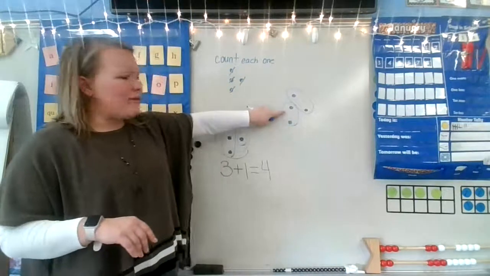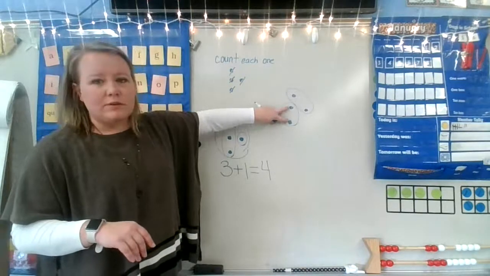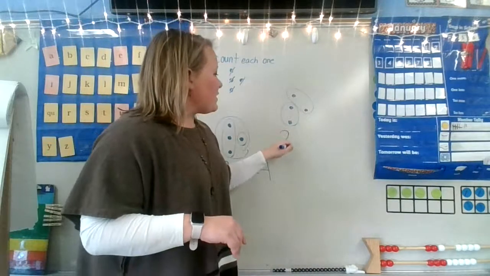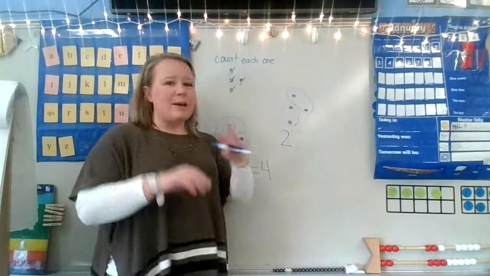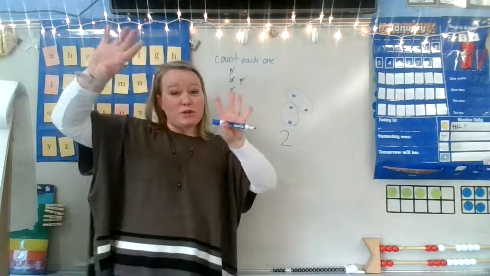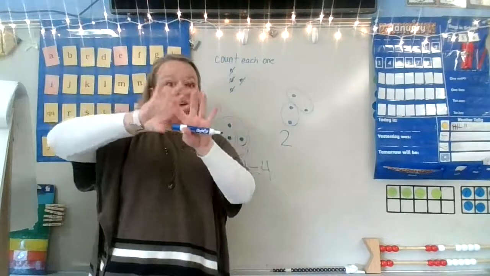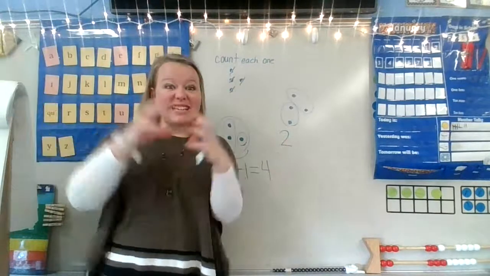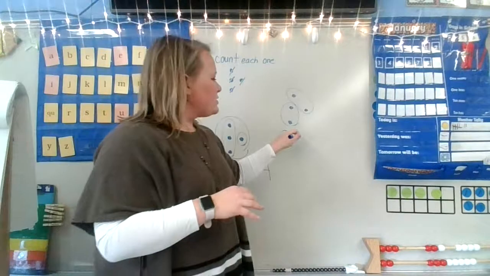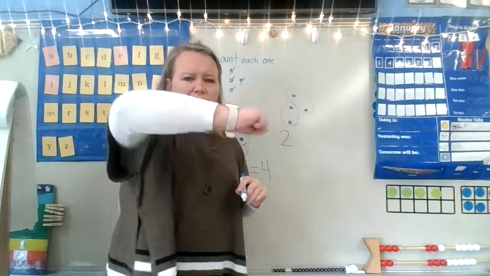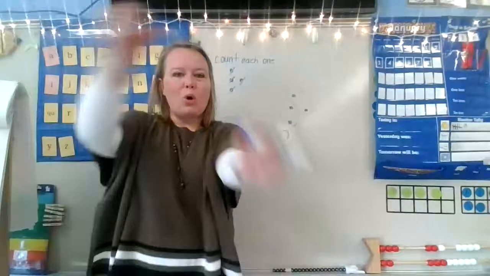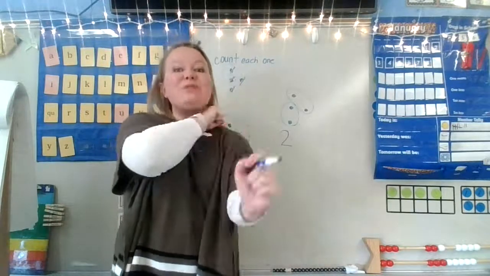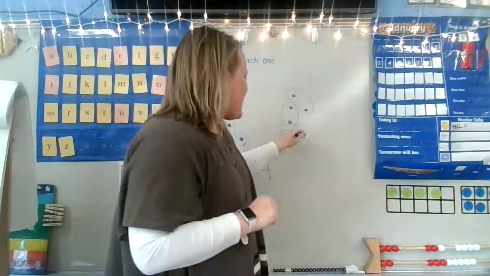How many do I have in my first group? 2. You're right. Now, what am I going to do with these 2 groups? Am I taking some away, or am I going to take those 2 groups and put them together to make one big group? I'm going to put them together to make one big group. So what symbol do I want here? Minus, take away, or plus sign, put together? Plus sign, put together. You're right.